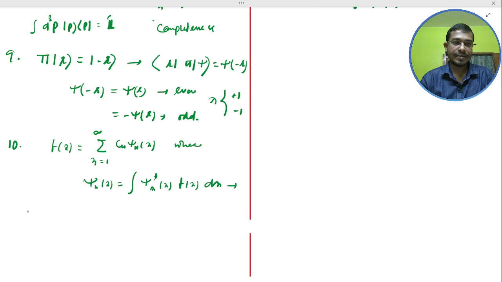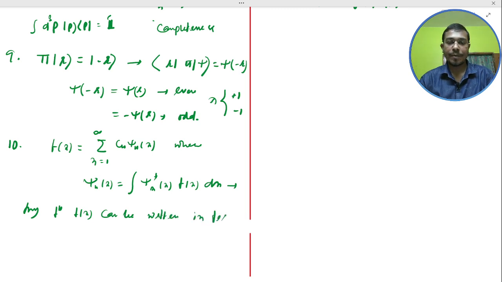That is the main theory: any function f(x) can be written in terms of ψ_n(x) as a wave function. Okay. So let us conclude our chapter summary class for the chapter the tools and the postulates of quantum mechanics, basic introductory class.